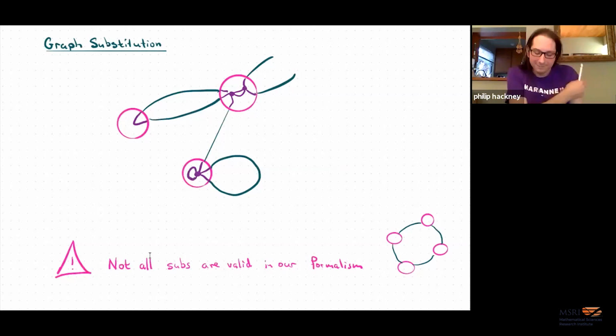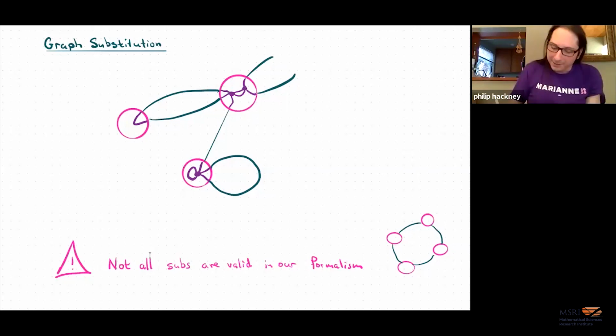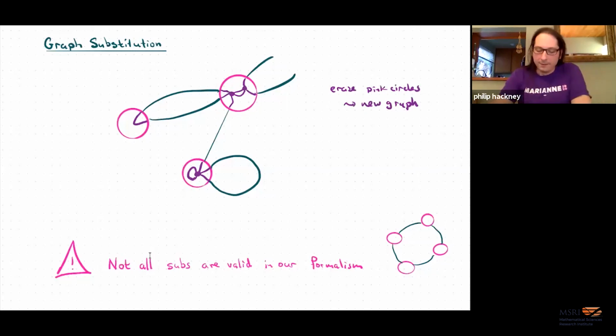And from now on, I'm only thinking about connected graphs. And if I erase the pink circles, I end up with a new graph. So this somehow required some bijection between the boundaries of these graphs that I plugged in there and the neighborhoods of the original graphs that I started with.